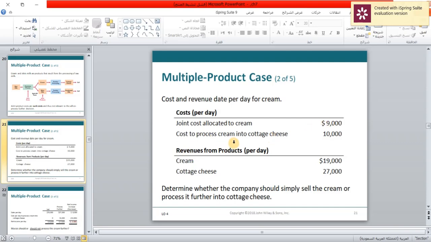Cost to process cream into cottage cheese $10,000. Revenue from products per day: cream $19,000, cottage cheese $27,000. Determine whether the company should simply sell the cream or process it further into cottage cheese.